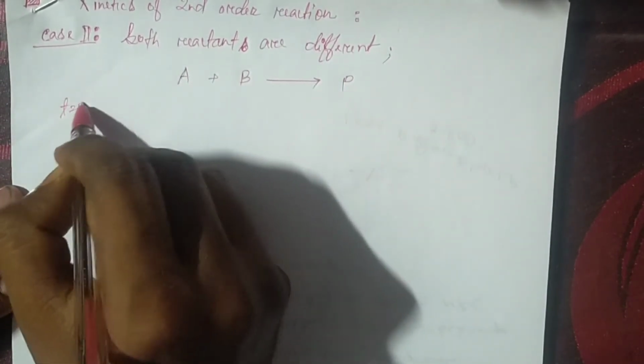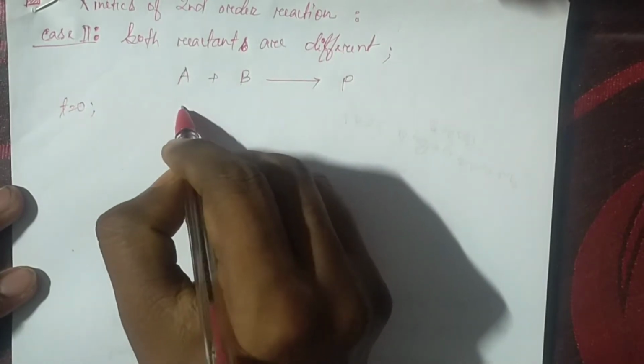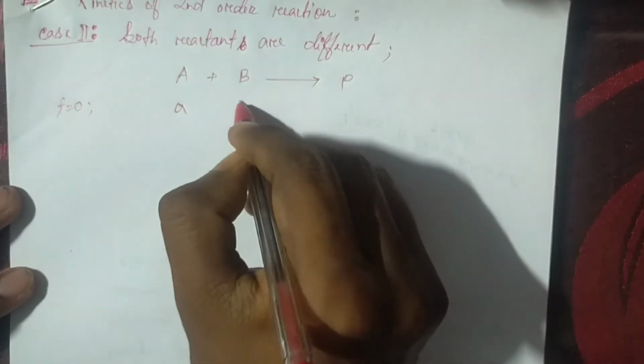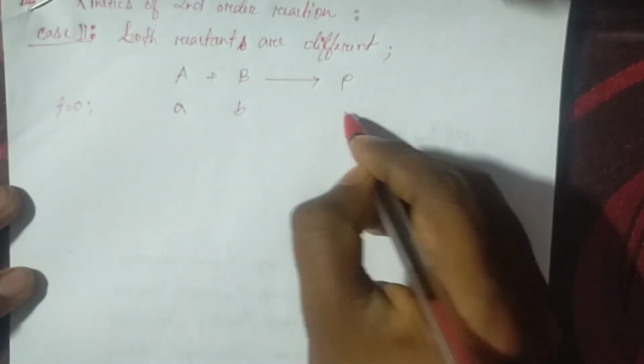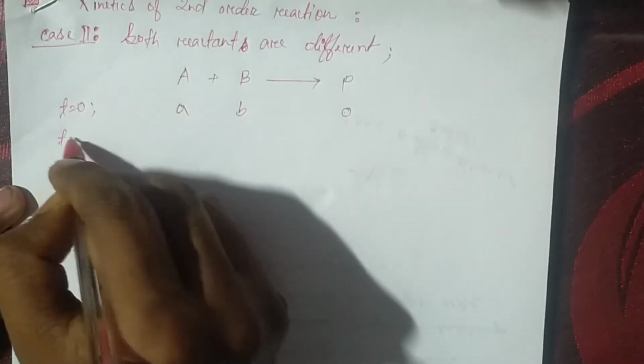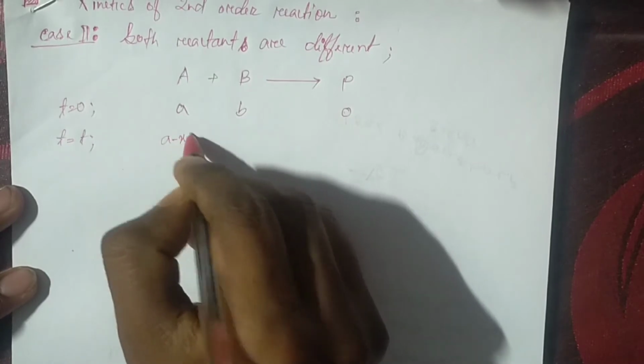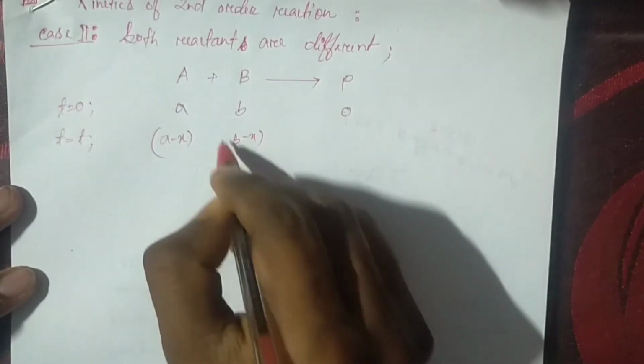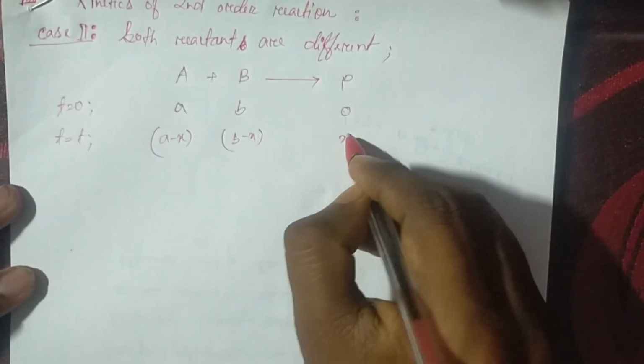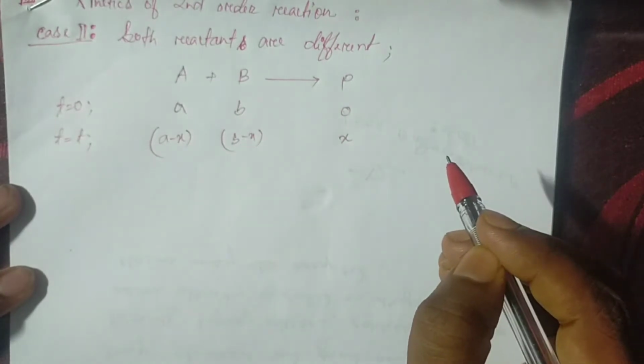When time is 0, it will be a and b, and product will be 0. And when time is t, it will be a minus x and b minus x, and x amount of product will be there.